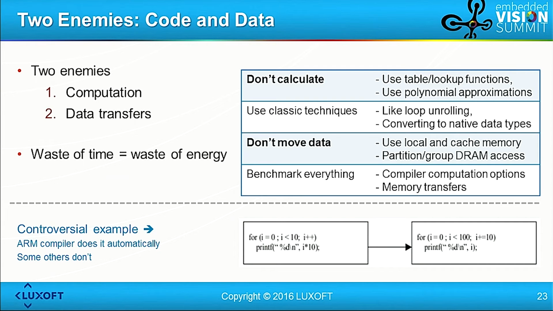So use lookup tables. Also, as we've seen in Caffe and deep learning examples, for instance, you just don't use sigmoid, you use linear, and from like 75% accuracy, you get 76% accuracy in the end, but you get 10 times the performance. There are many examples like that.